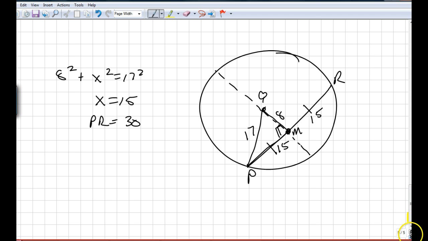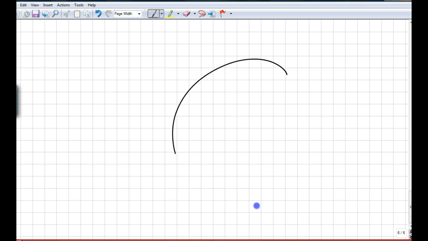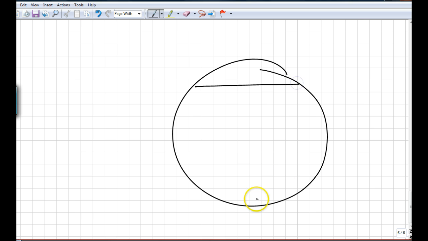And a second example is I have this chord and this chord. My center is at O. And I know this distance is 8 and this distance is 8. And I know that this is 6.